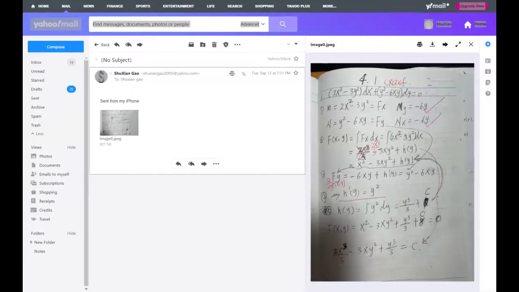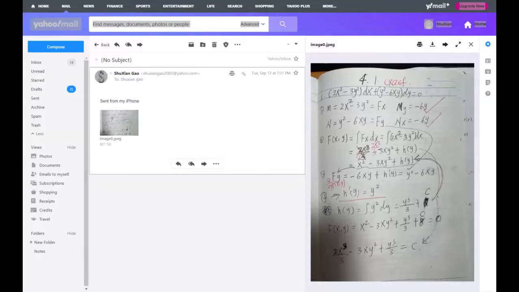Third step. After I get f(x,y), I need to find f_y from the integral of f_x dx. You can see the underlines where I took f_y, the partial derivative with respect to y, treating x like a constant.